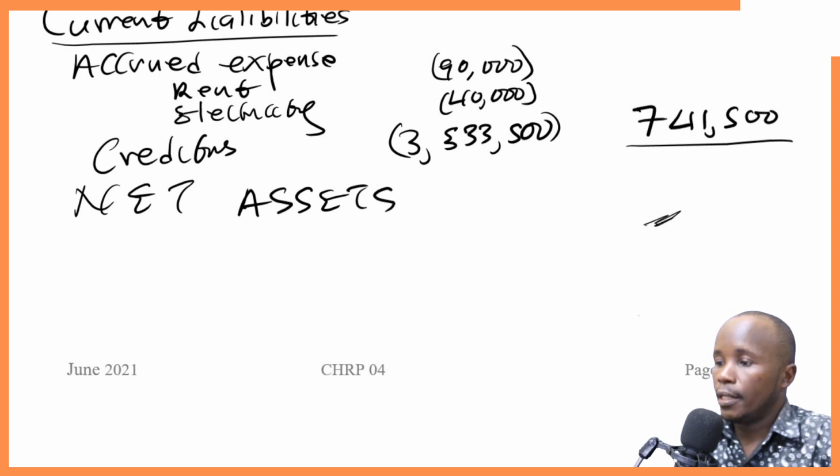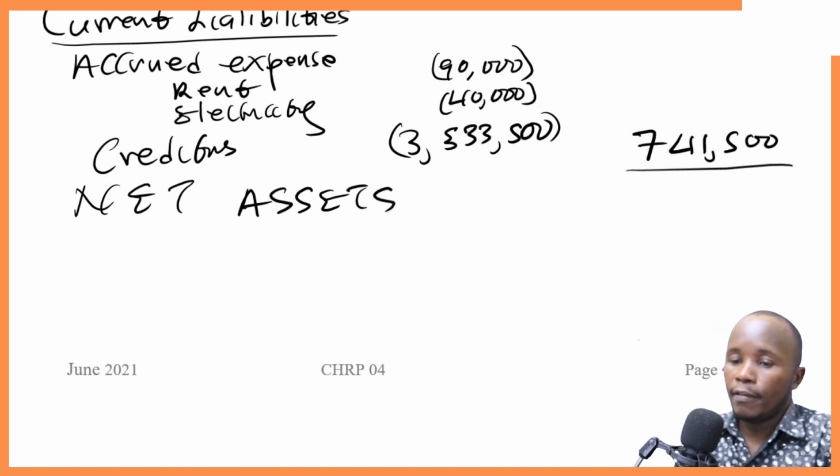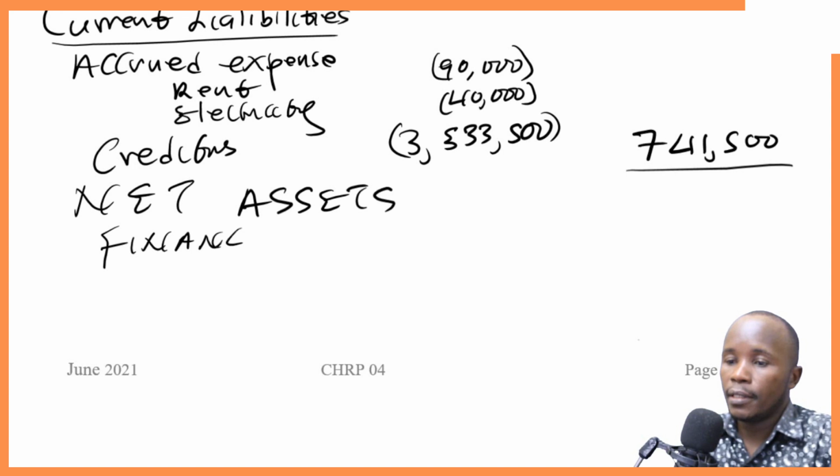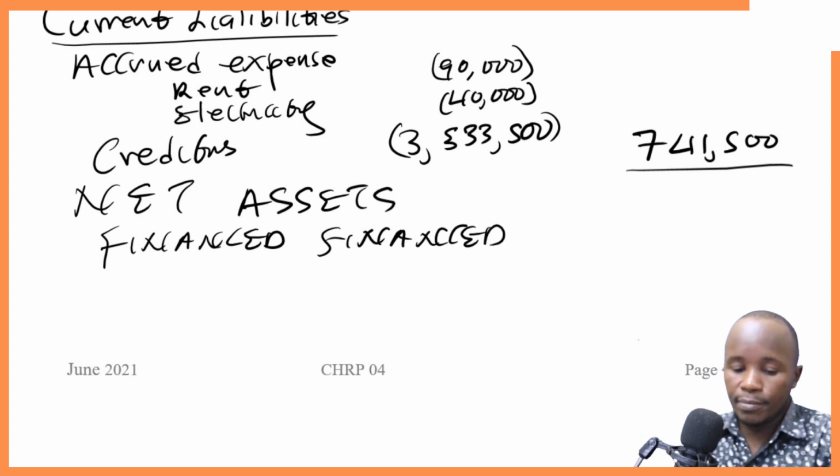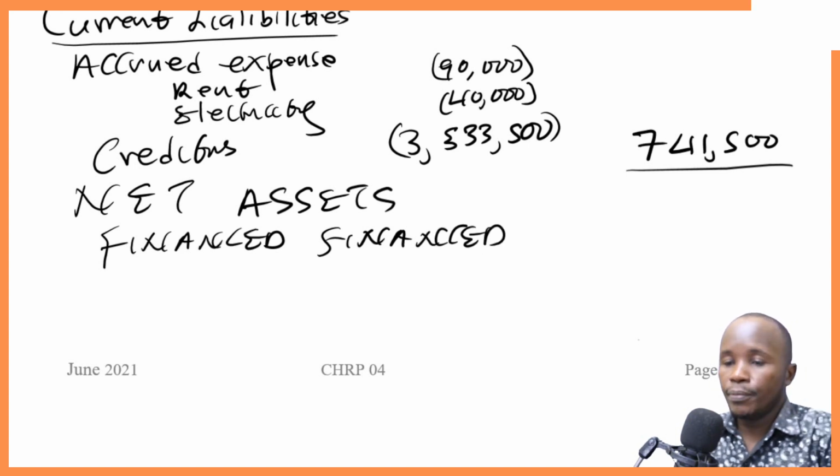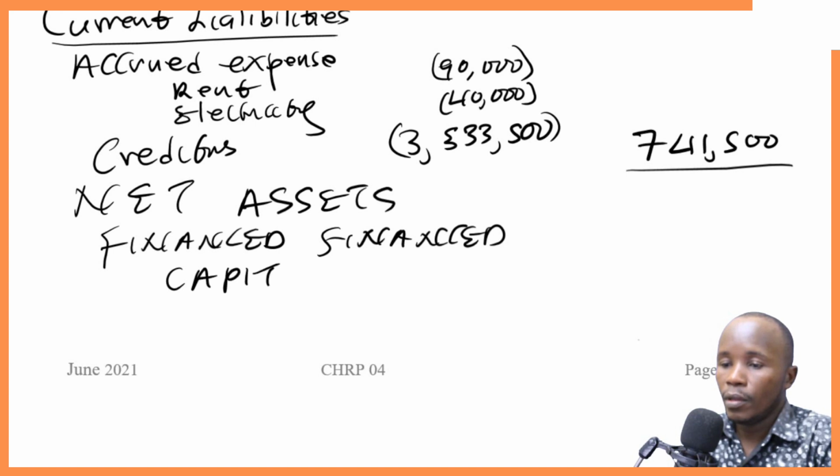Let's look at the other category, financed by. What finances our assets, or Watume Traders' assets? Financed by, we have capital, that is 4,700,000.